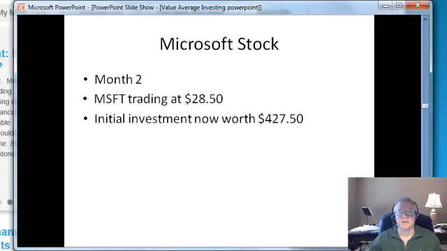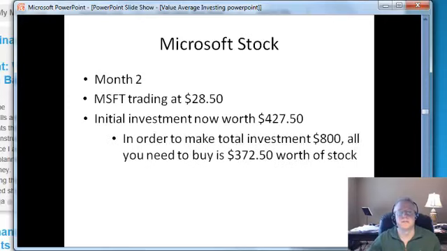We then decide that we're going to look to make our total investment $800, whereby we would have had the initial $400 that we invested, which is now worth $427.50, and look to increase that to a total investment of $800.